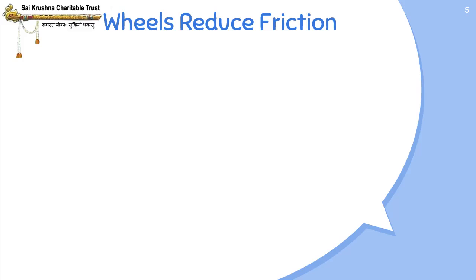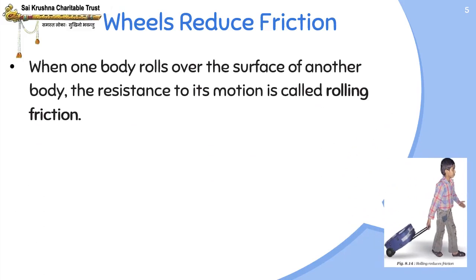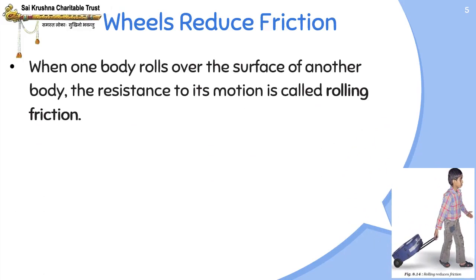Now we are going to see how using wheels reduces friction. So what is rolling friction? When one body rolls over the surface of another body, for example, this luggage which has wheels, when someone is trying to drag it over a floor, the resistance to the motion, or the force applied in the opposite direction, is called rolling friction.